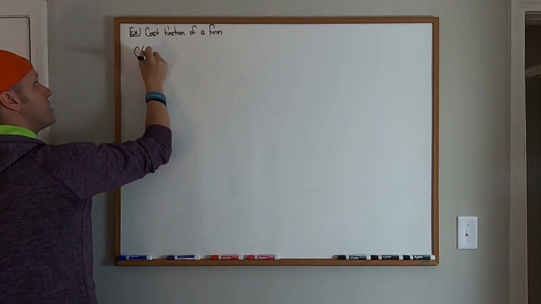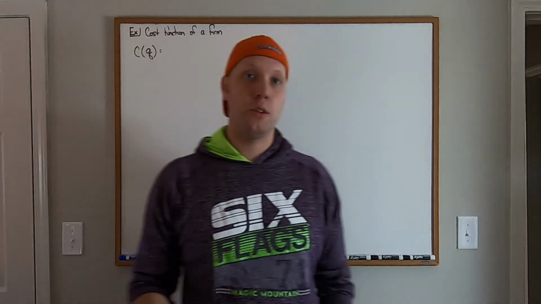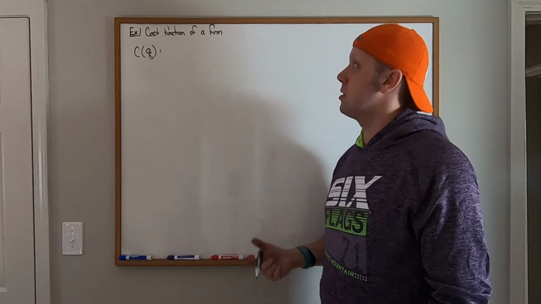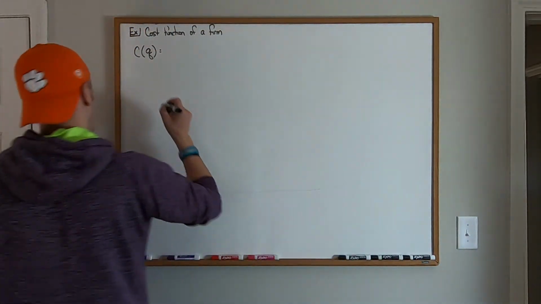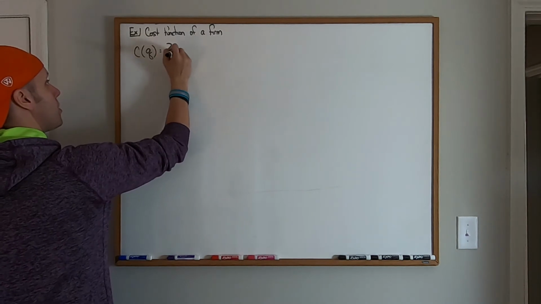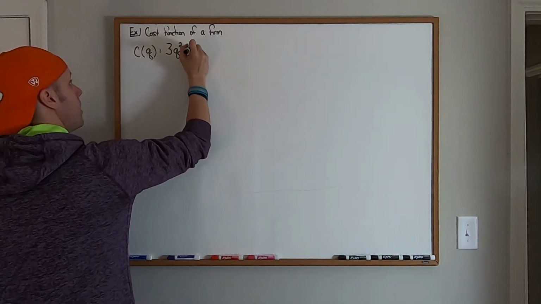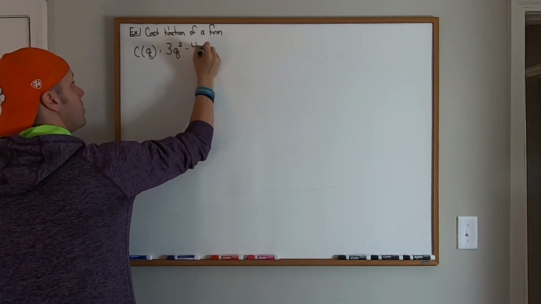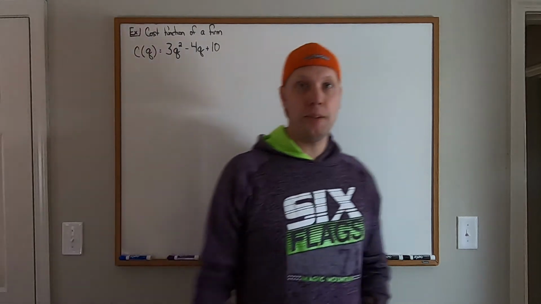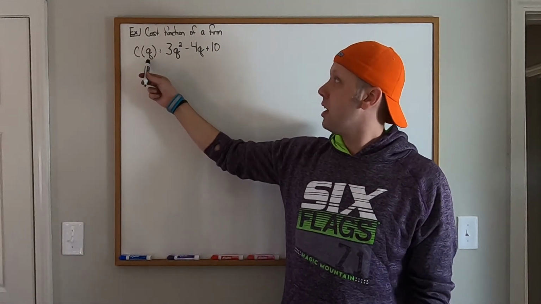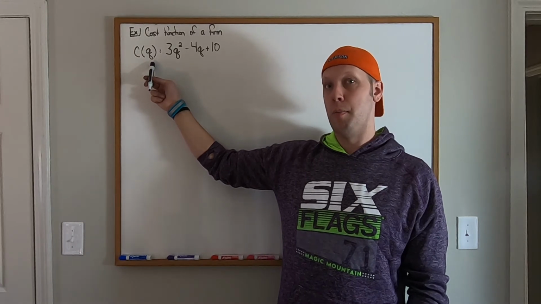So we're going to have a function c of q, where c is the cost and q is the quantity. So the cost of producing a certain quantity will be defined by 3q squared minus 4 times q plus 10. This is a position function. It's giving me the cost if we produce at some point q.